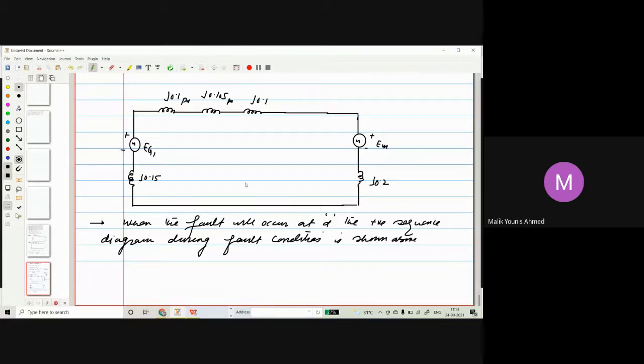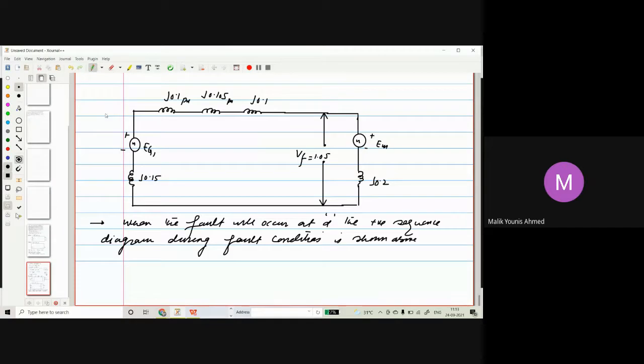But what we have to do is find as seen from this point. Bus D is somewhere here. The pre-fault voltage is given as 1.05.